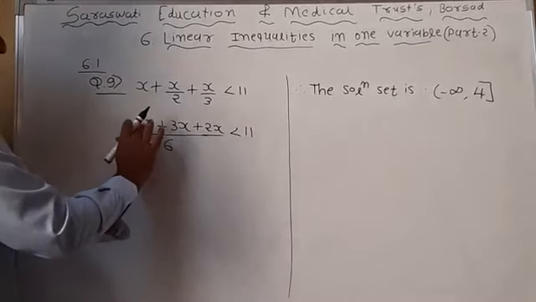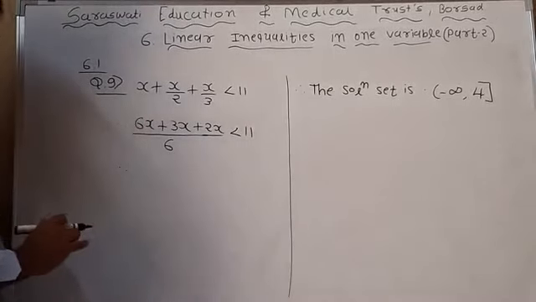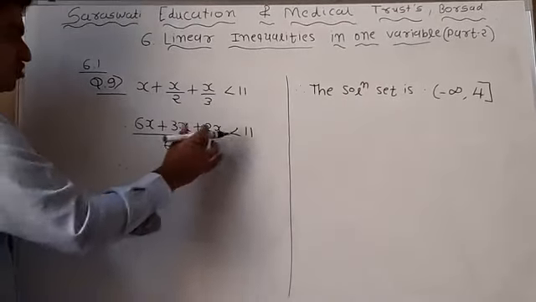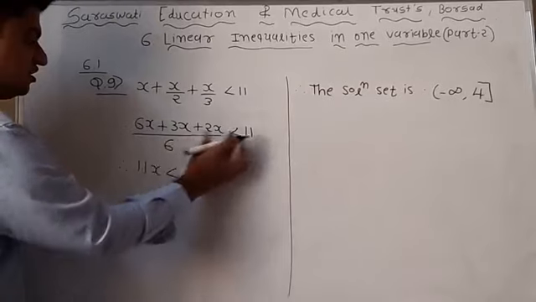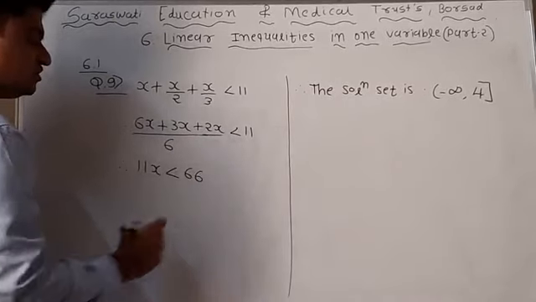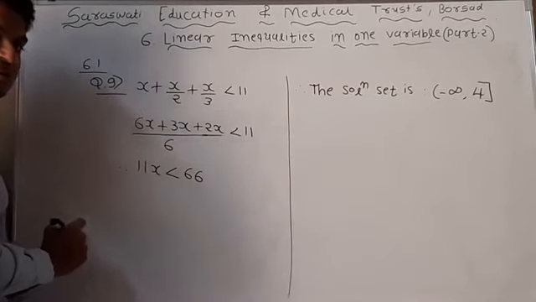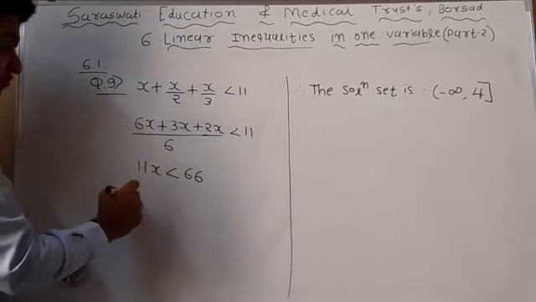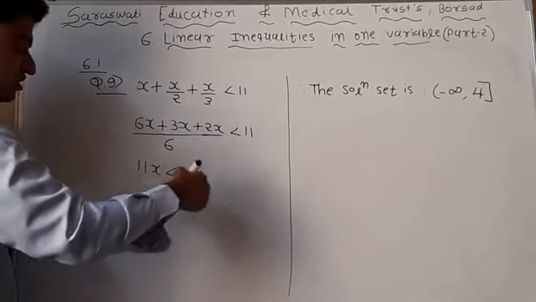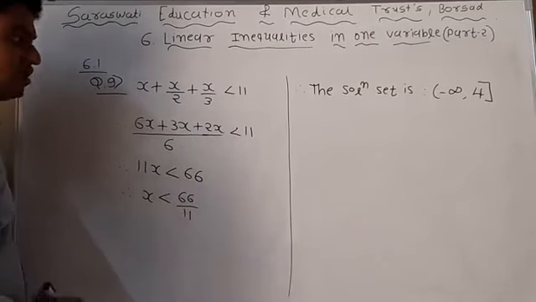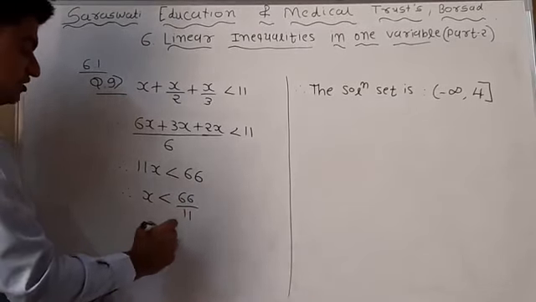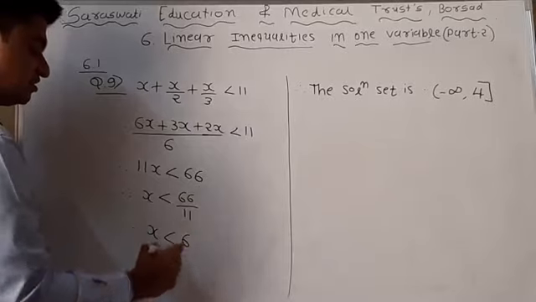So therefore 6x plus 3x, that means 9x, plus 2x, that means 11x, less than 11 into 6, that means 66. Now dividing by this term, x less than 66 divided by 11. So therefore x less than 6.